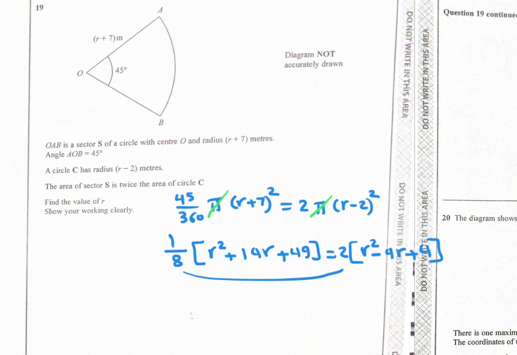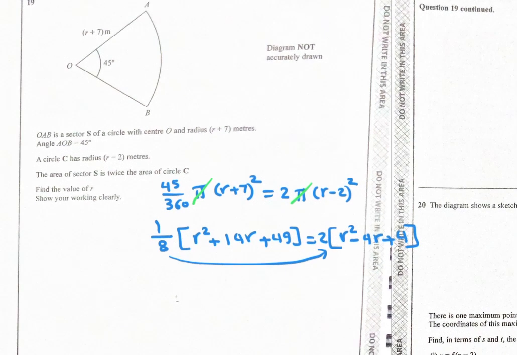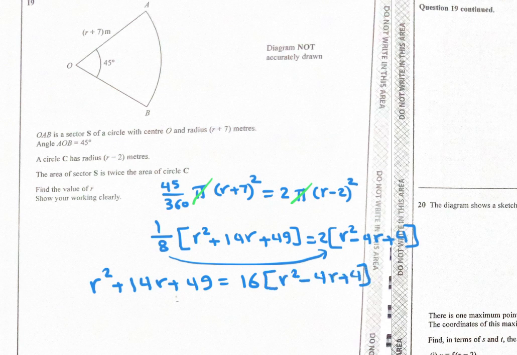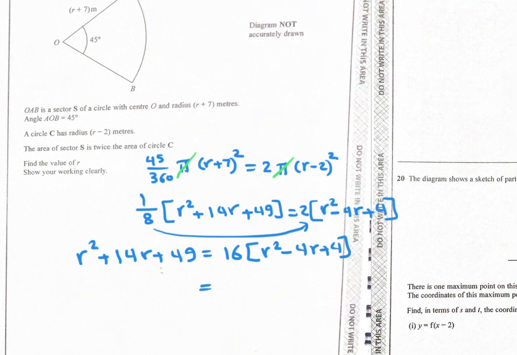Now 8, go to the other side, multiply, so you are left with R squared plus 14R plus 49 equals 16 into R squared minus 4R plus 4. So R squared plus 14R plus 49 equals 16R squared, 16 times negative 4, so negative 64R, and 16 times 4 equals 64.